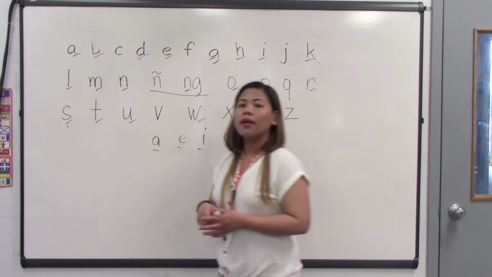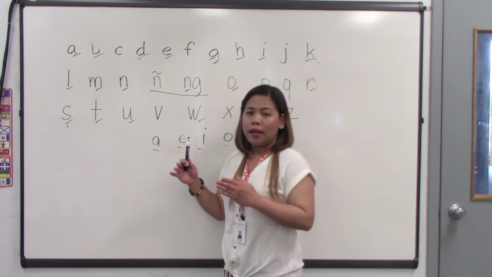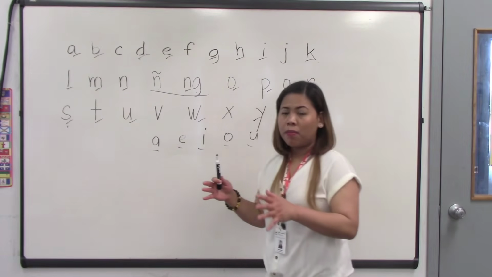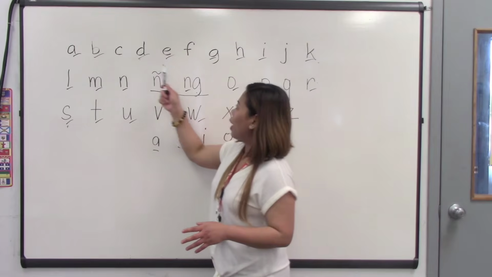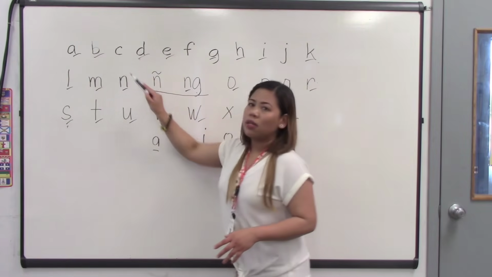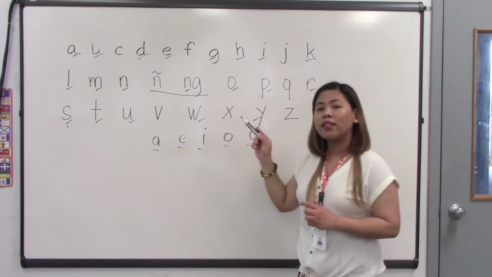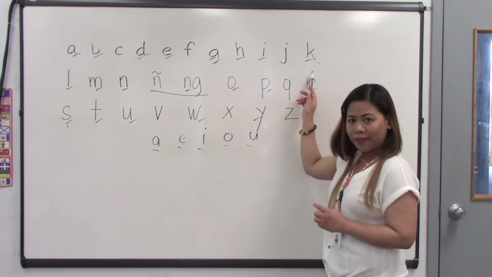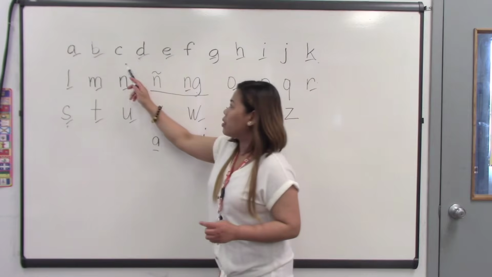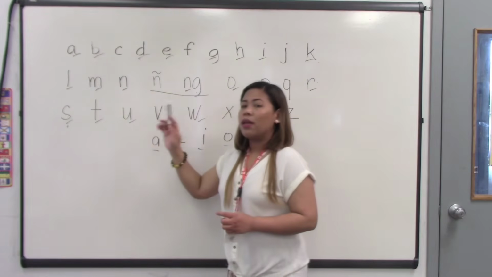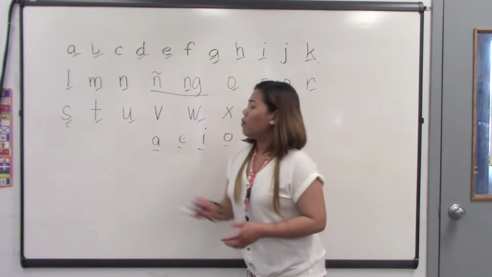C here, when the word is Tagalog and not borrowed from the English language, C is always K. So our hard C would always be K in Tagalog, and the soft C sound, which is S, is always S. I'll give you an example.